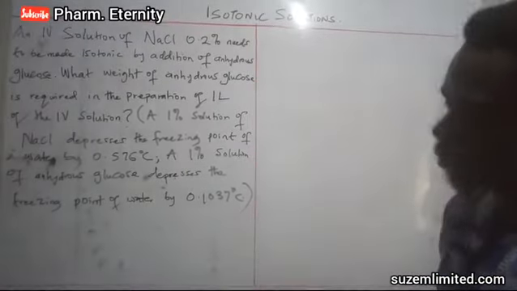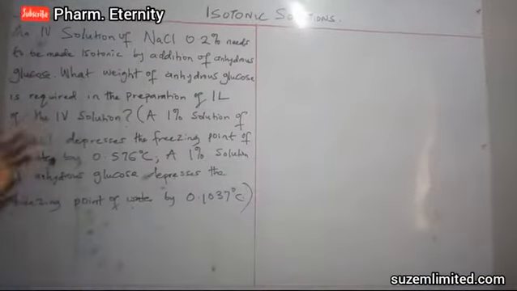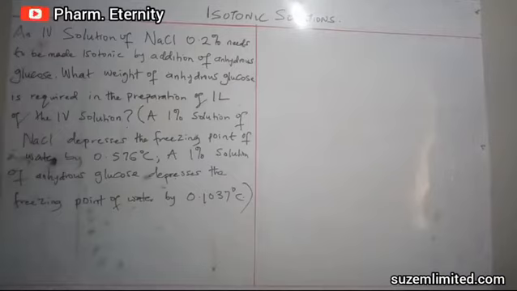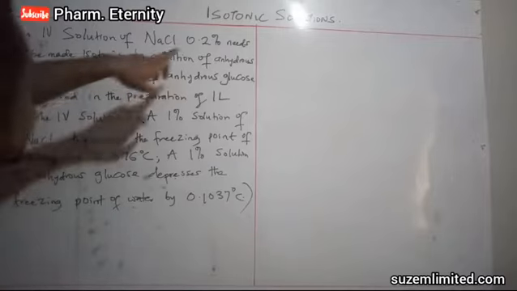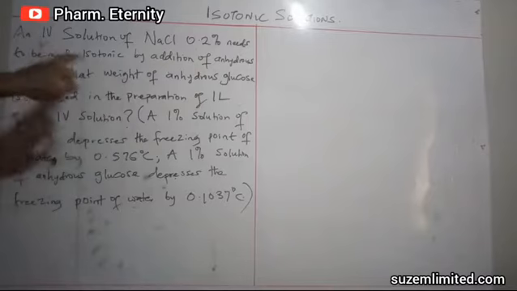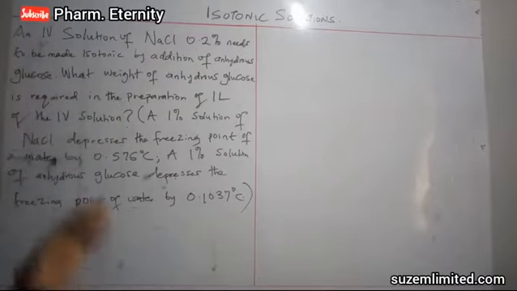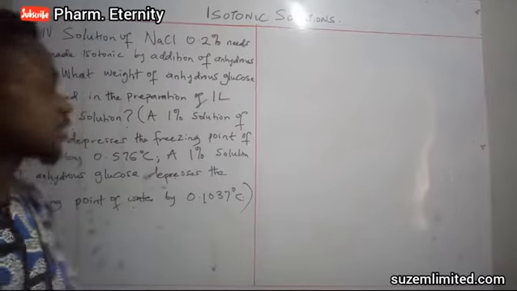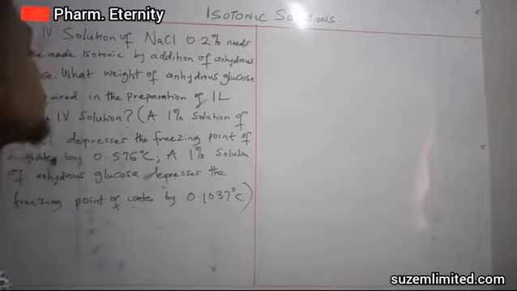Now let's go. Take a look at this question again. The first thing we need to do is this. Let us find the extent to which the 0.2% sodium chloride solution on its own can depress the freezing point of water.